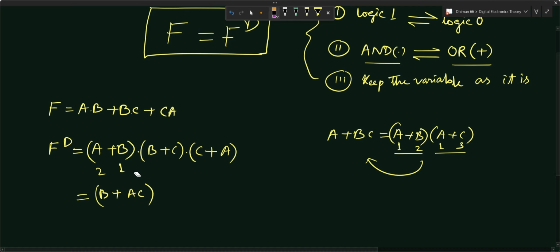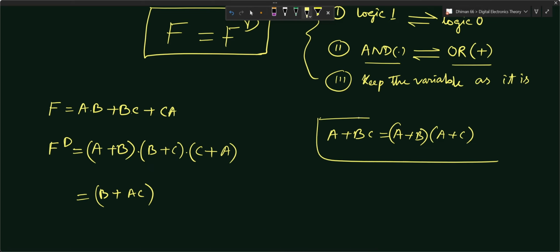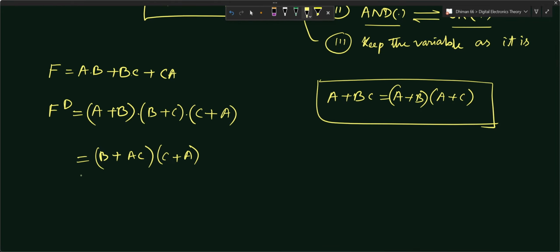You need not write this 1, 2 and 3; for understanding purposes, I am writing 1, 2 and 3 here. So this is the distribution theorem we have applied here. We are remaining with this (c plus a). Now we can multiply these two terms. If we expand these two terms, we get bc plus ab plus again ac plus ac.